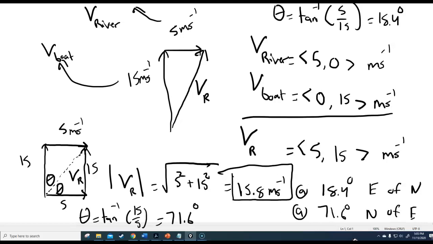But you have to have the angle, and you also have to have the cardinal direction along with it, because there's lots of 18.4 degrees out there, so you need to specify it's 18.4 degrees east of north. Pause there if you want to look at that. Again, that is example 1.